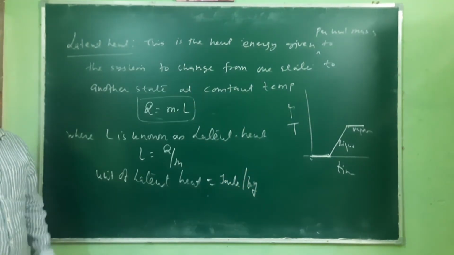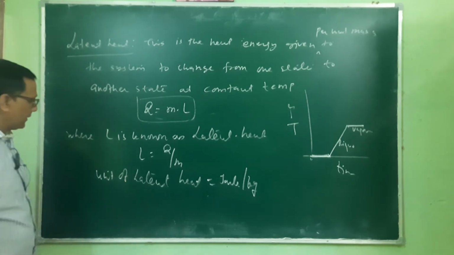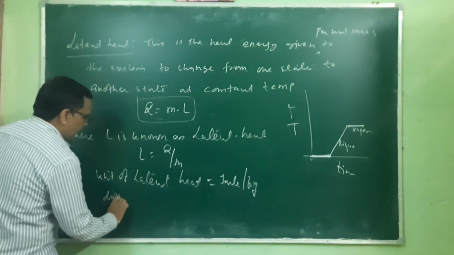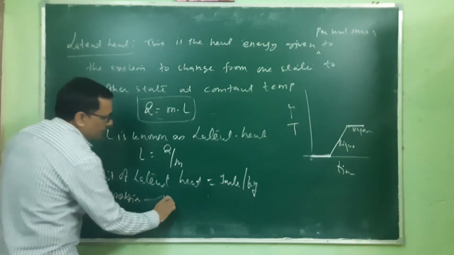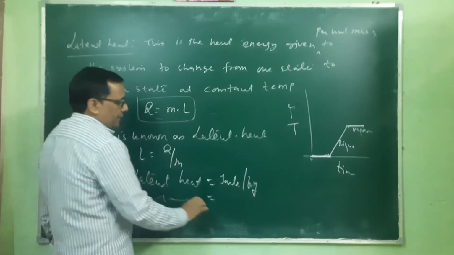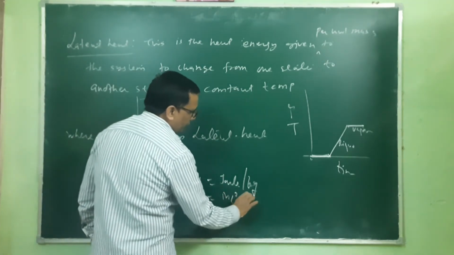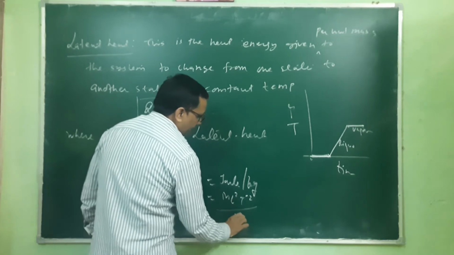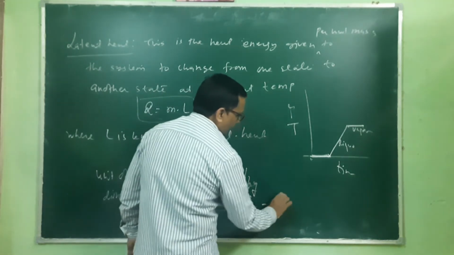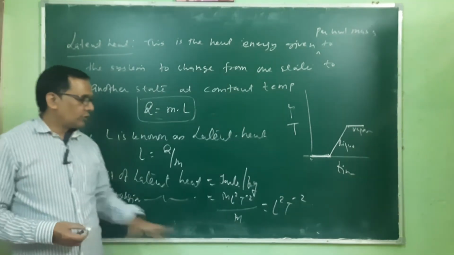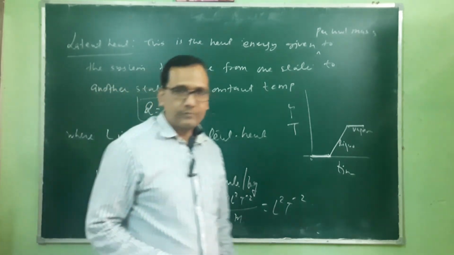The dimension is energy upon mass, that is M L squared T to the power minus 2 divided by M, which equals L squared T to the power minus 2.